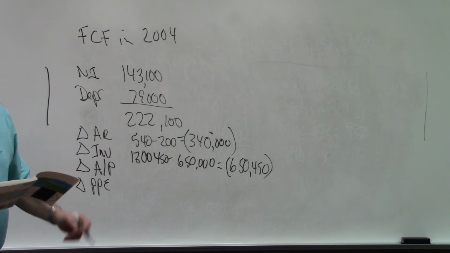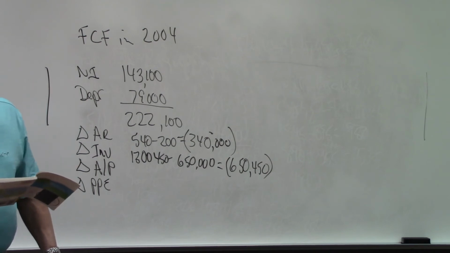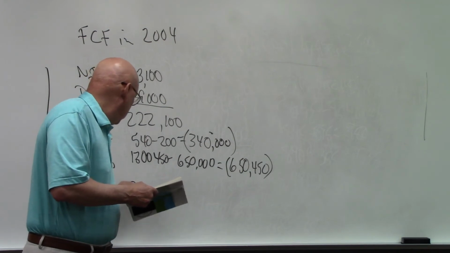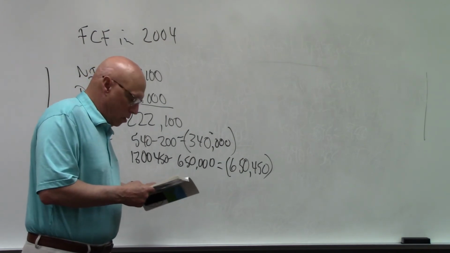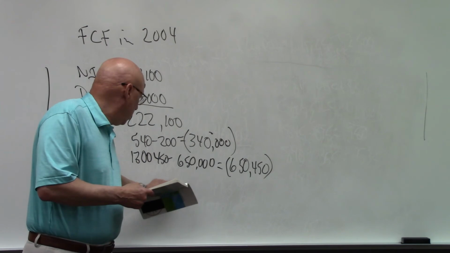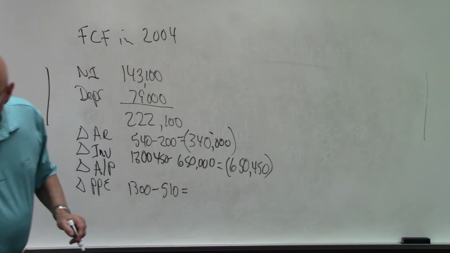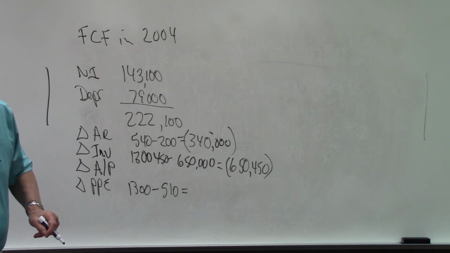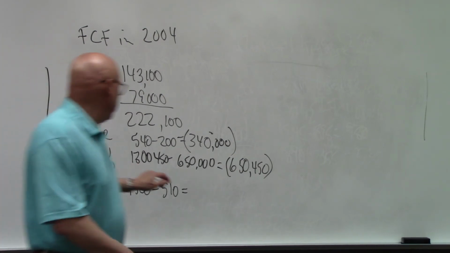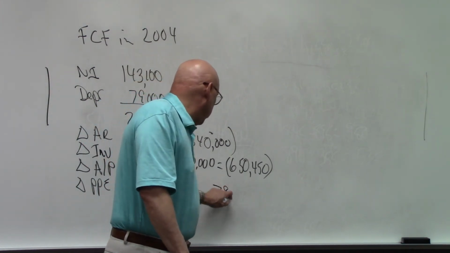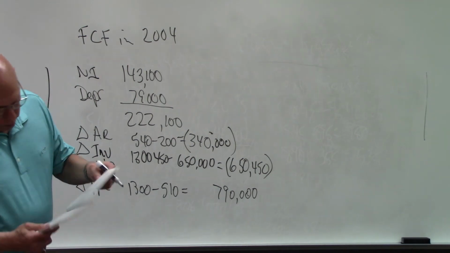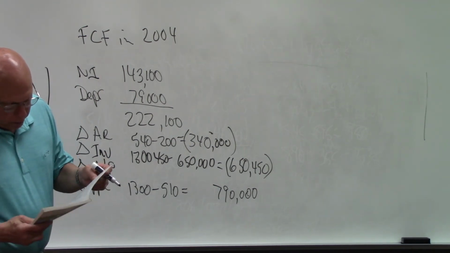And we've got 1,300 minus 510 is 790,000 we spent on property, plant, equipment. Let's see what we took in with our accounts payable.